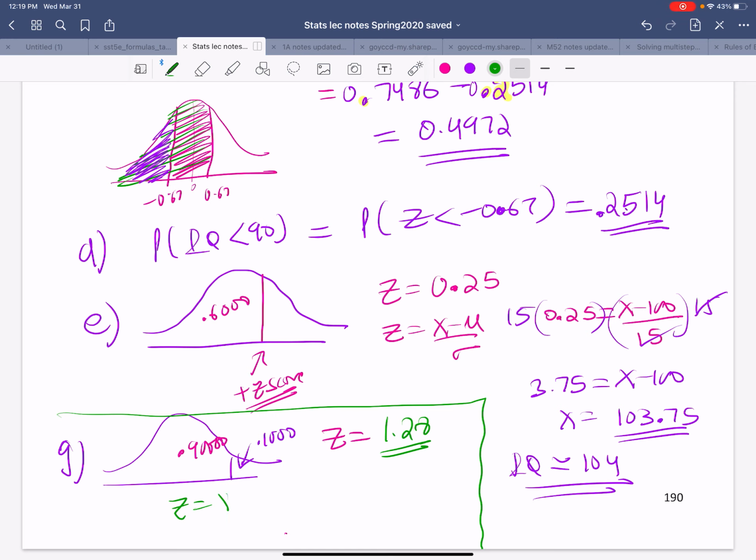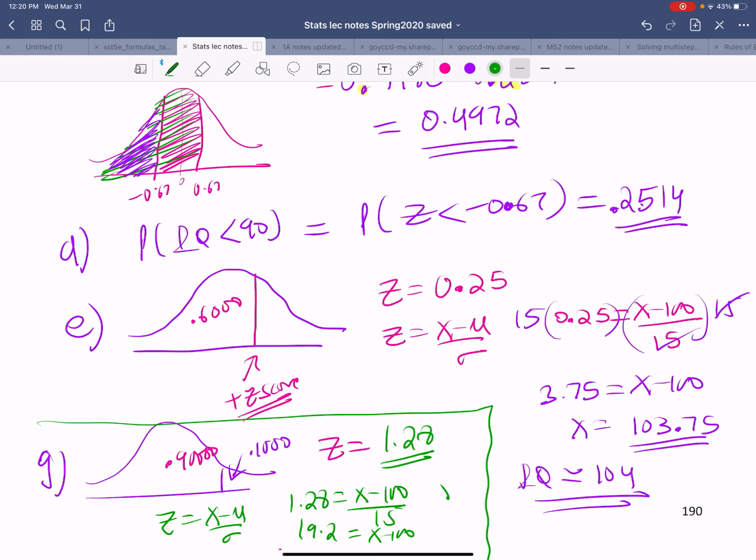So data value minus mean divided by standard deviation. 1.28 is x minus 100 divided by 15. So to solve it, first multiply 1.28 with 15, and that's 19.2.